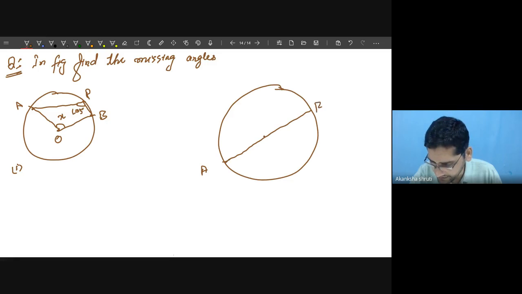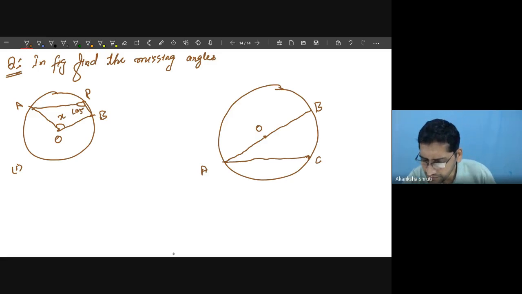Consider this AB as the diameter, O as the center. There is another point, let us take a point like C, joining this. So B you may call the point on the major arc AC.